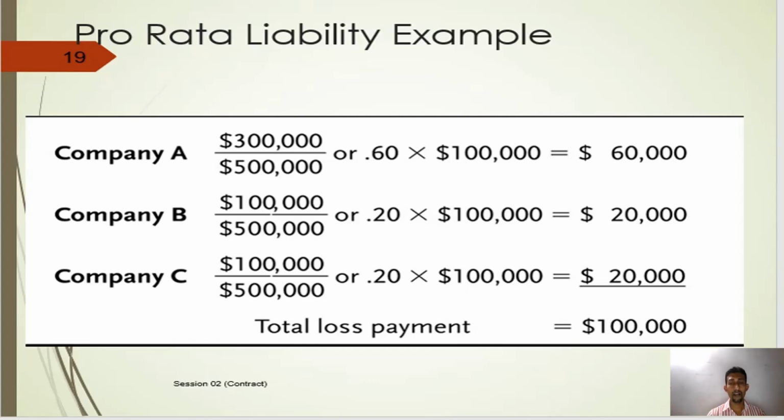One example is a situation where a company has insured the same asset with 3 insurance companies. Let's say a vehicle.